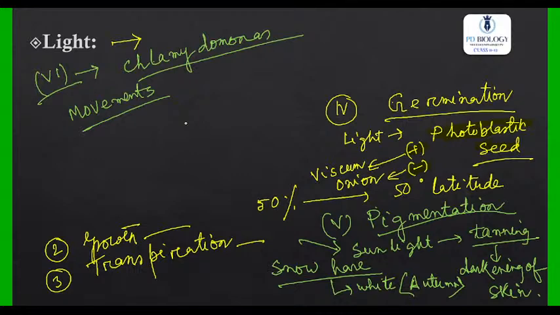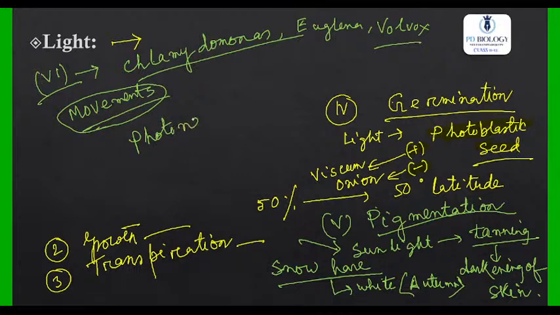The Euglena, the Volvox, their movements are regulated by the light. Phototropic movement. Flowers of some plants open or close in response to light and darkness. You know this one, called photonasty.